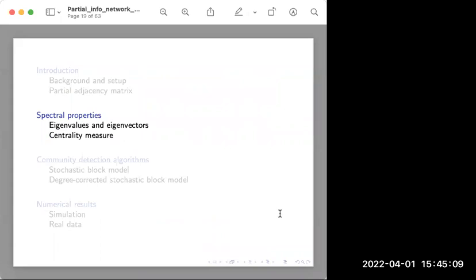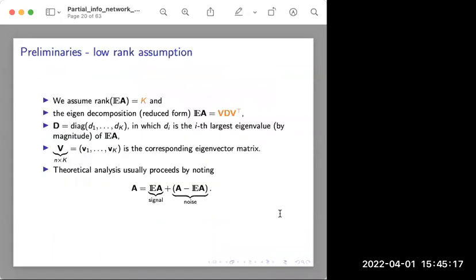Now, let's do some analysis on this property of the B matrix, which looks different from the usual full adjacency matrix. In order to derive some spectral properties, we will first impose this commonly used low rank assumption on the full matrix A. We'll assume the expected value of A, the population version of A, has rank K. The eigendecomposition of the population matrix takes this particular form, where V is the matrix of eigenvectors and D is the diagonal matrix containing all the eigenvalues.